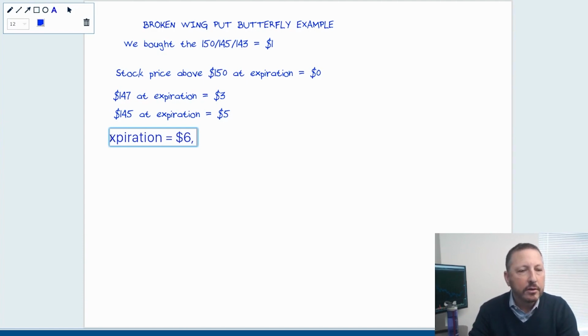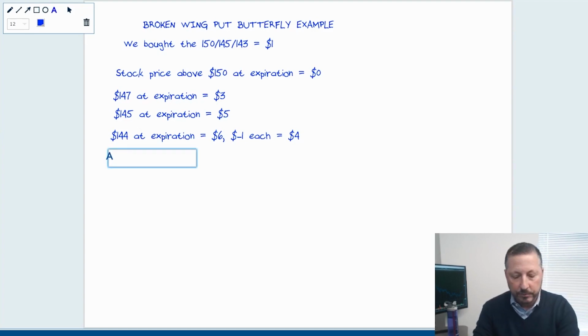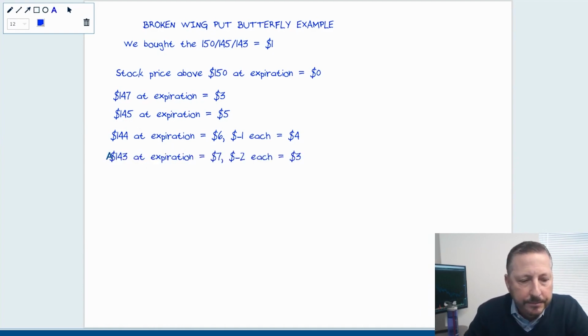The short 145 put is going to be worth 1, but we had 2 of those, right? So the value is going to be worth $4. At 143 at expiration, the long option, the 150, is going to be worth 7. The short 145s are worth $2 each, for a value of 3.